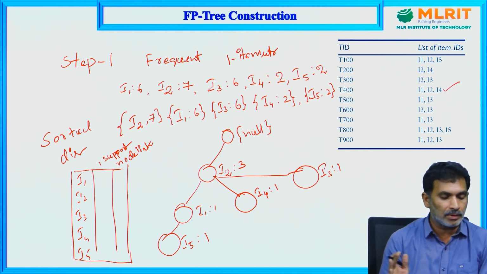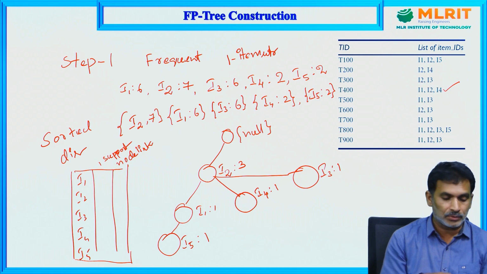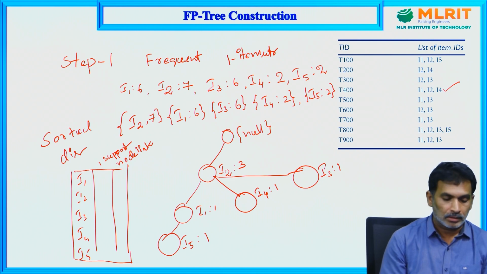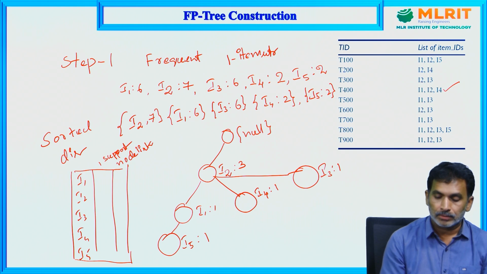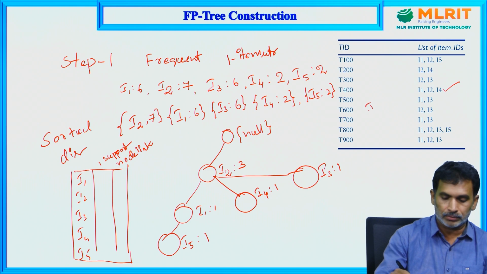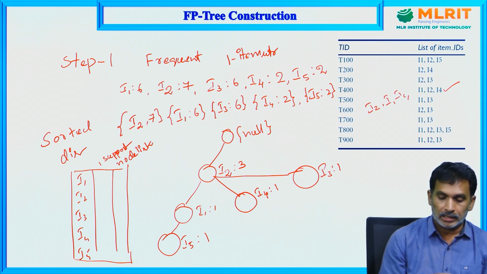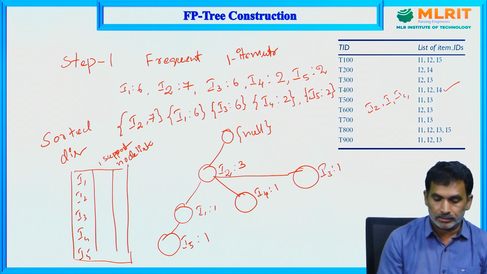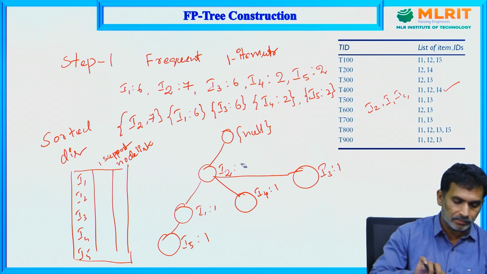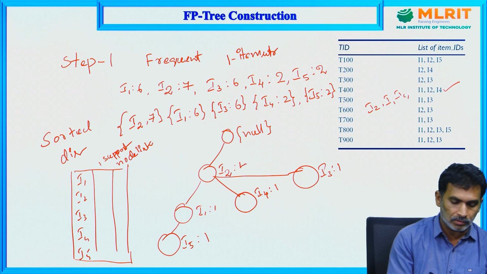Before we add these items to this FP tree, we have to sort them as per this order. Now I2 comes first, then I1, then I4. So I2, I1, then I4. As per this order we have to construct. Now I2 again, so I will increment this frequency by 1, and it will become 4.